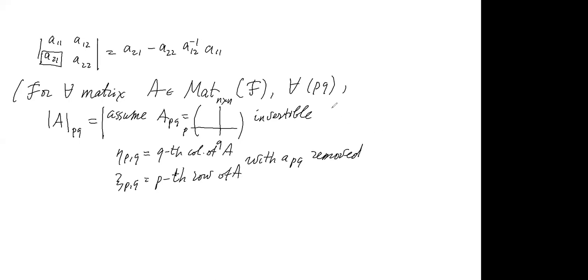And now we can define the PQ quasi-determinant of A to be equal to A PQ minus psi PQ times A^PQ inverse times eta PQ.